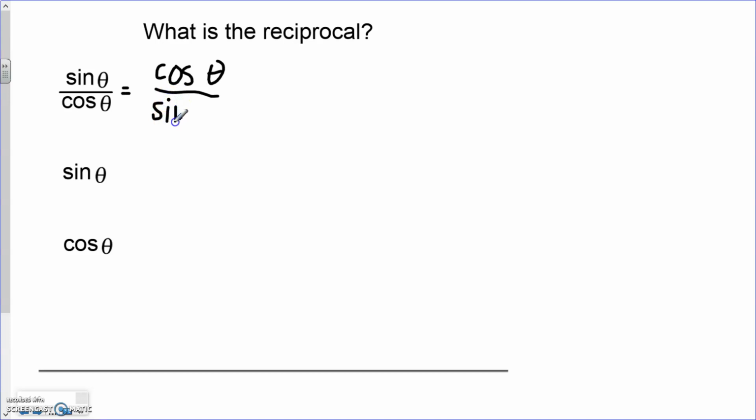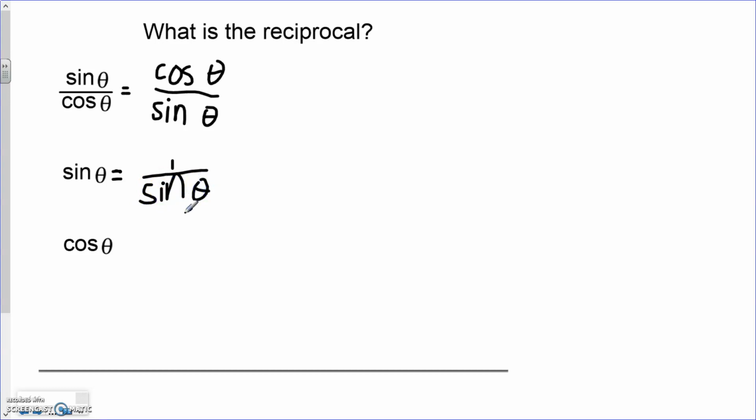Now remember that weird looking O with a line through it is a Greek letter, theta, and it just represents X. So you may see this symbol theta, or you might see an X here. Just know that they basically mean the same thing, that angle. So the reciprocal of sine theta would be 1 over sine theta.